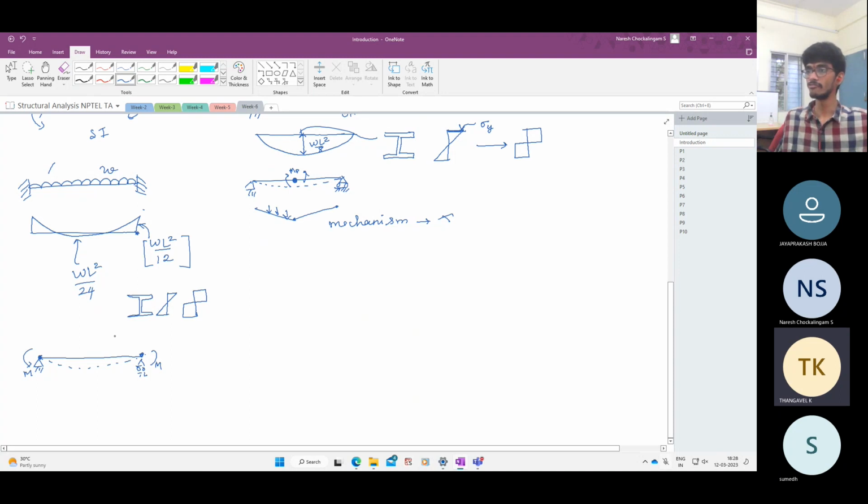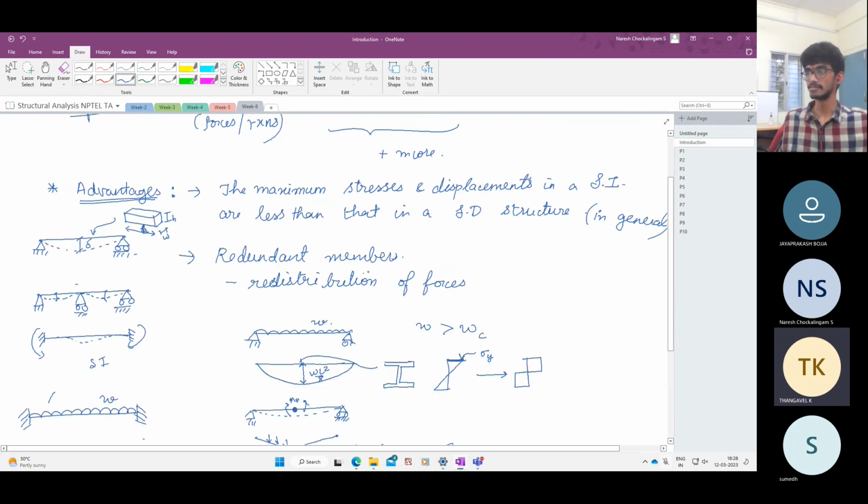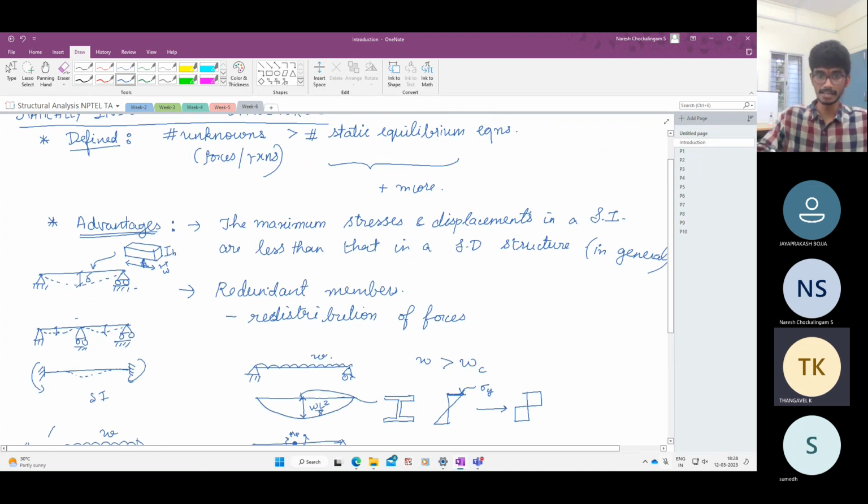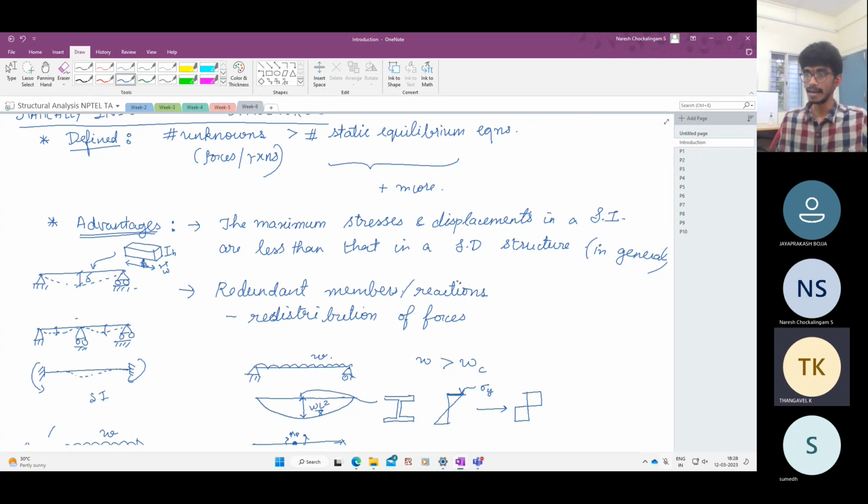So that is the benefit of statically indeterminate structures, since there are redundant members or redundant reactions. At the time of design, although we'll consider all the loadings, when we add more members or more reactions than what is required for just the stability of the structure, it helps when there is an overloading of the structure due to some fault.